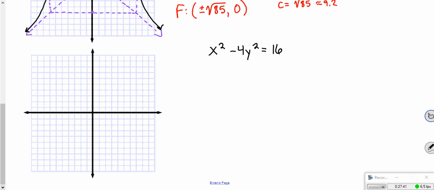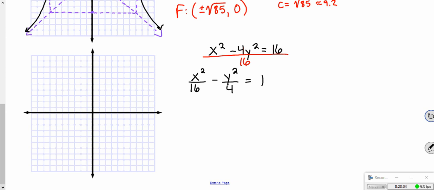So the first thing I'm going to do is divide the whole thing by 16. That's going to give me a new equation of x squared over 16 minus y squared over 4 equals 1.